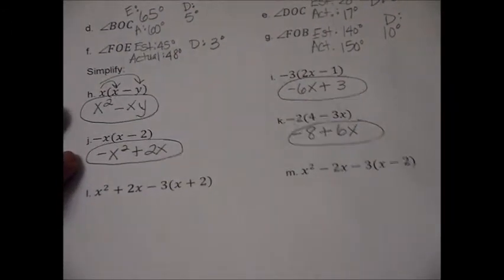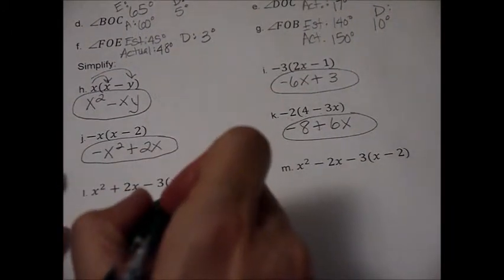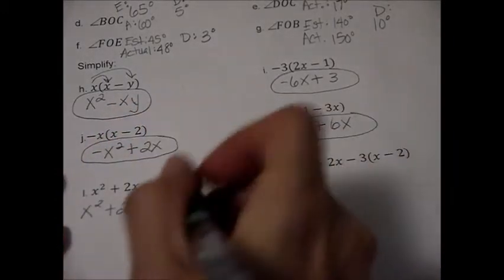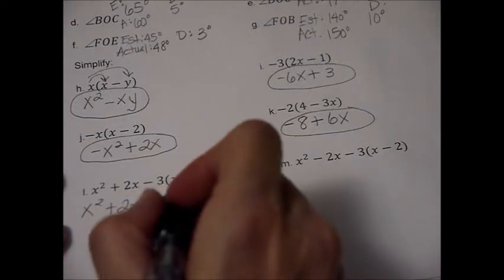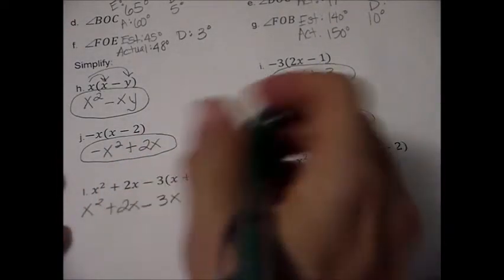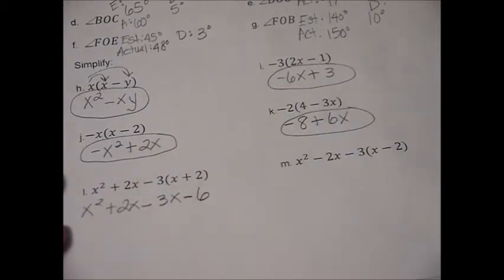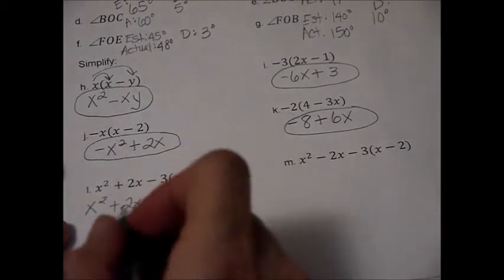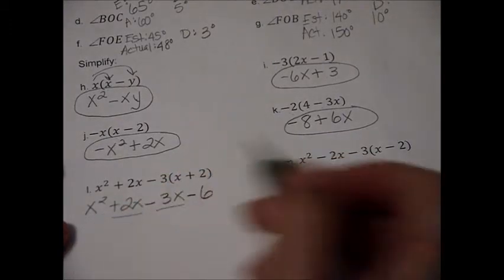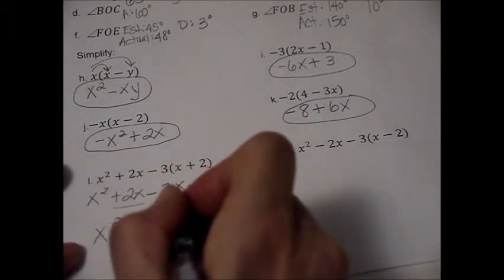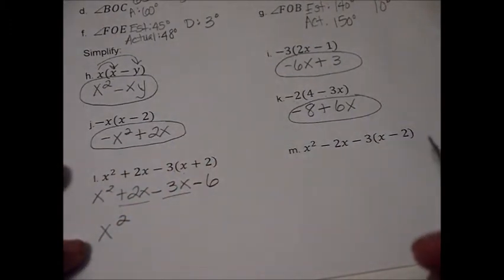Okay. And now we have to take care of parentheses first. So these two just come down and get ready to play on the next step. So negative 3 times x is negative 3x. Negative 3 times positive 2 is negative 6. And now we combine the like terms, and we have a plus 2x and a minus 3x. So that makes it negative 1x, or minus x.